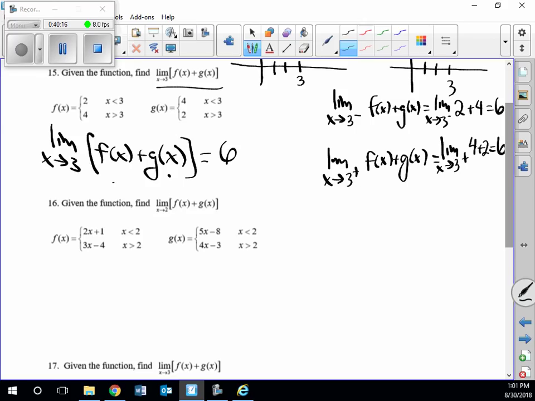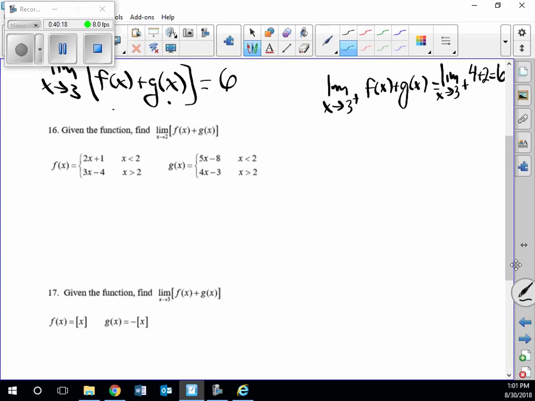But here's another one, example 16. It's very similar to what we just did, except the function's a little different. I'm not going to sketch these, but the principle is exactly the same. So each one of these functions are broken in some way, and so what we want to do is consider the one-sided limits.